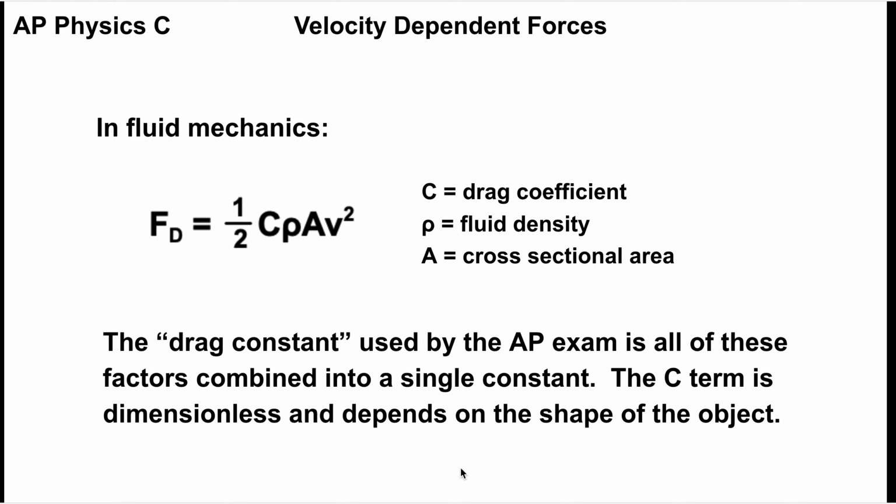Rho is the fluid density in kilograms per meter cubed. Capital a is a cross-sectional area of the object as it moves through the fluid. When the AP exam uses a drag constant that we called b earlier, it's effectively all of these factors combined into a single constant expression.